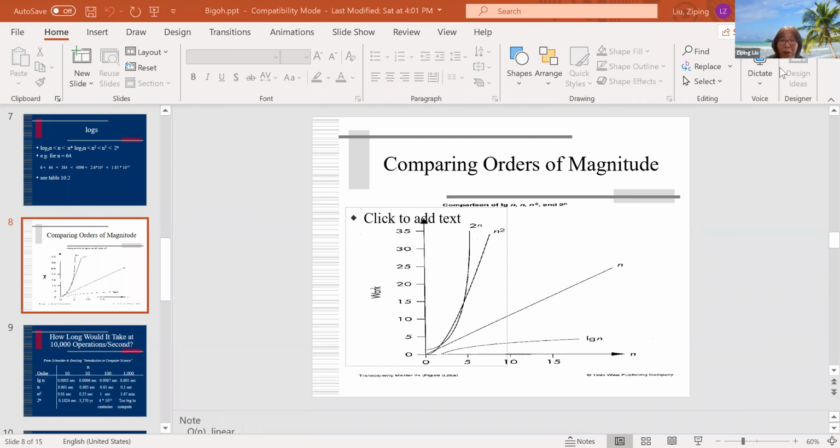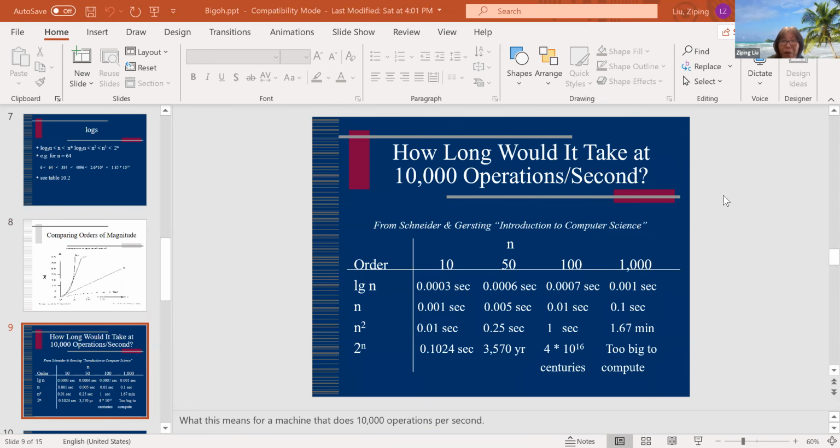Here we have a clear curve for the comparison: log, linear, n squared (quadratic), and 2 to n. You can see the difference clearly.